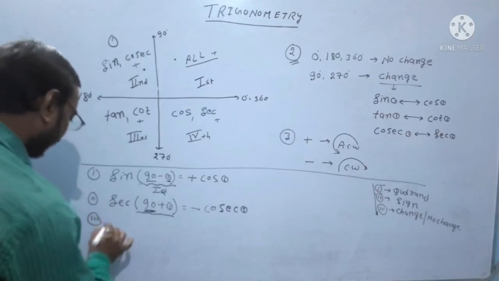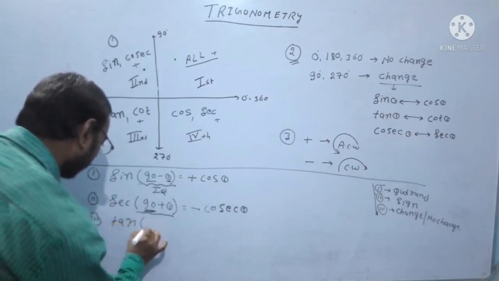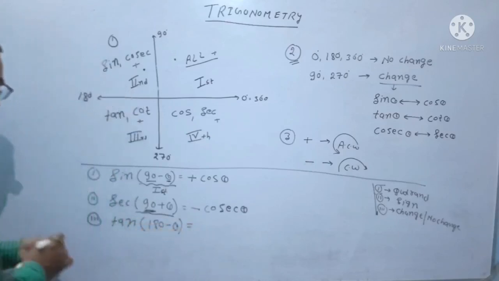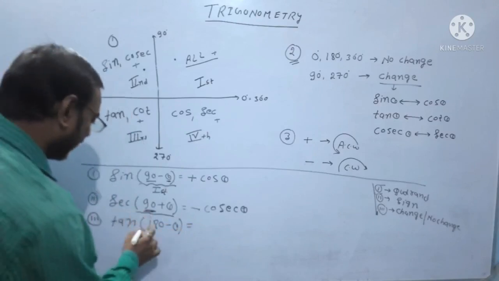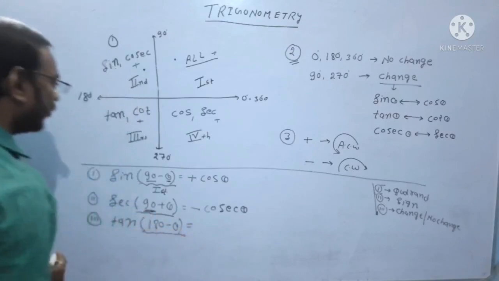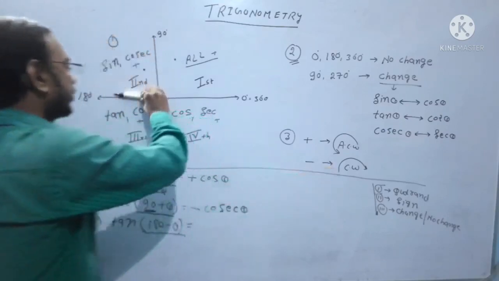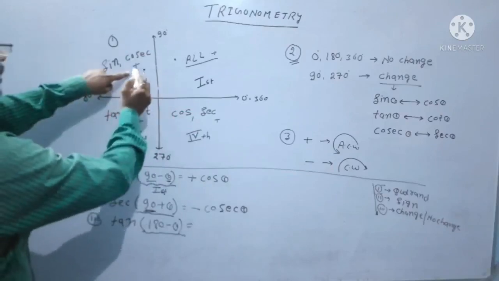If we say what is the value of tan 180 minus theta. Okay, so first of all we must decide in which quadrant this lies. So what is the quadrant for 180 minus? So 180 minus means clockwise direction, so we move clockwise and we reach the second quadrant.